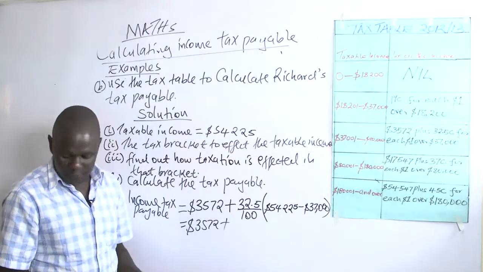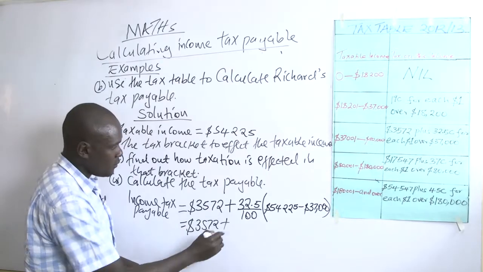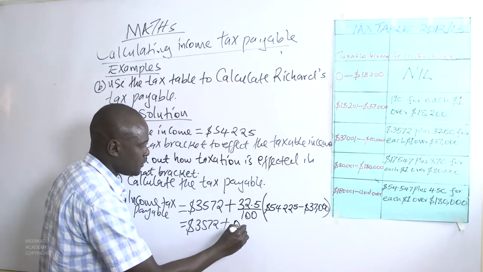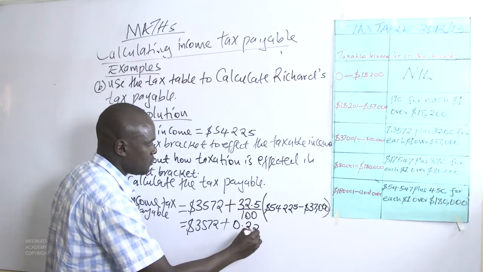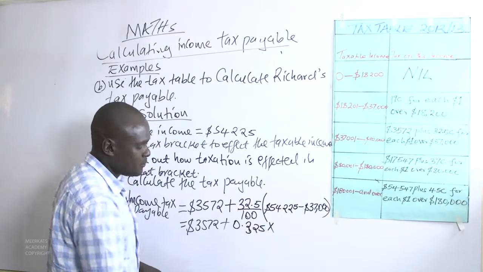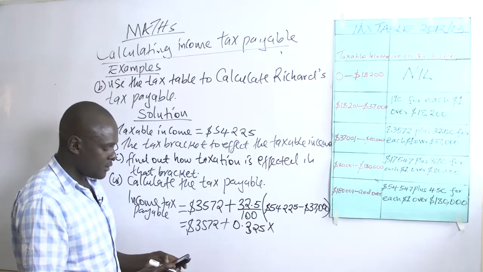This first of all will give us 0.325 multiplied by, let us get that difference.